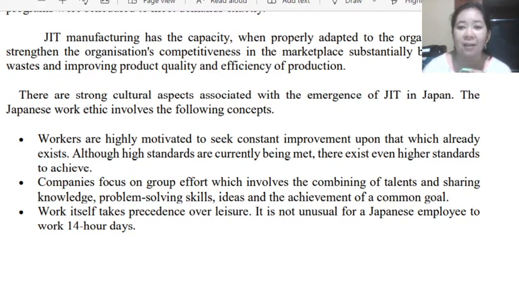Okay, so here they are also giving emphasis on work and home balance, for the welfare of the employee, so that they will become efficient and effective as well in performing their respective tasks.